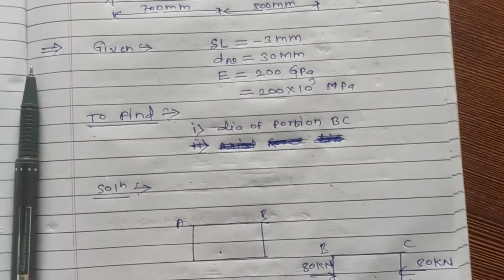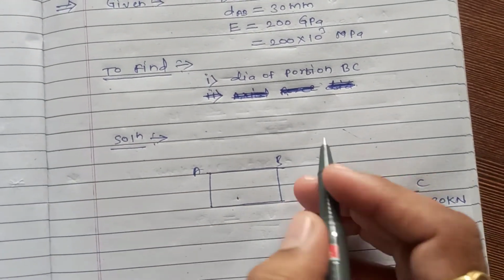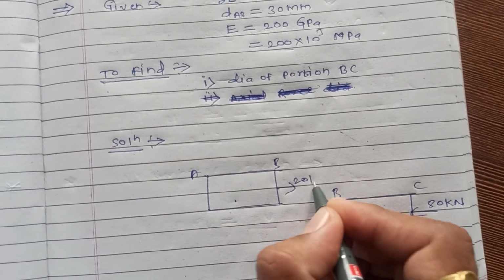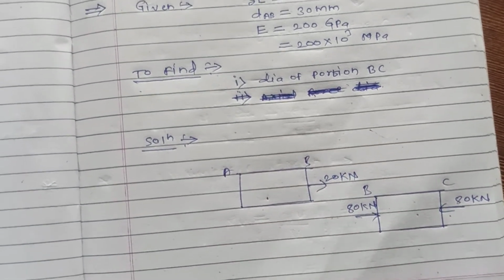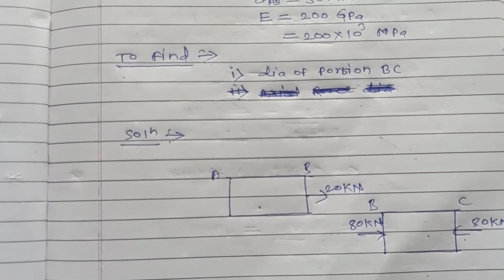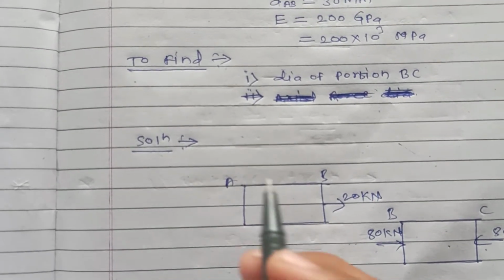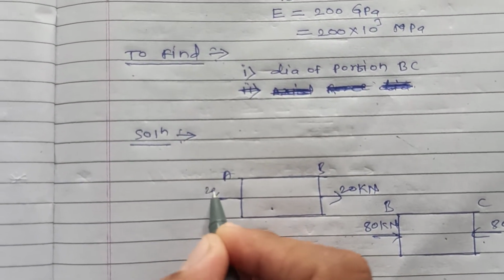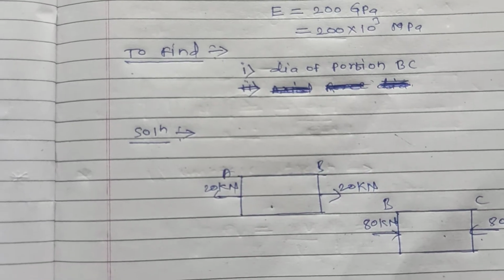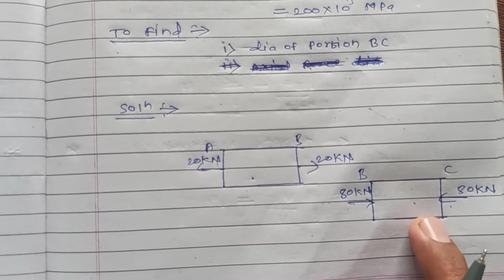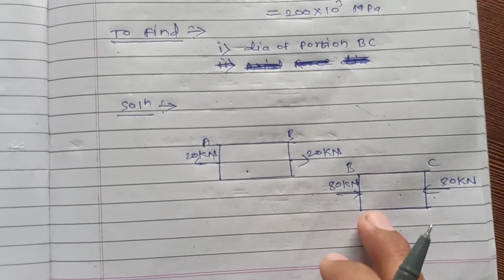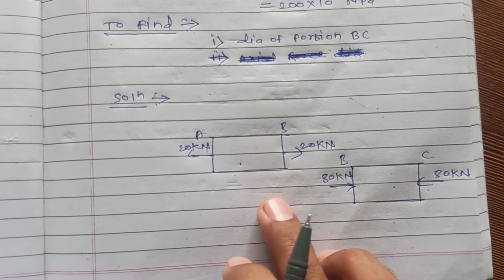So show here 20 kilonewton, that is tensile. To maintain equilibrium, we apply an equal and opposite force of 20 kilonewton to its other end. So this is element AB and this is element BC. We have already seen this trick in the previous problem.